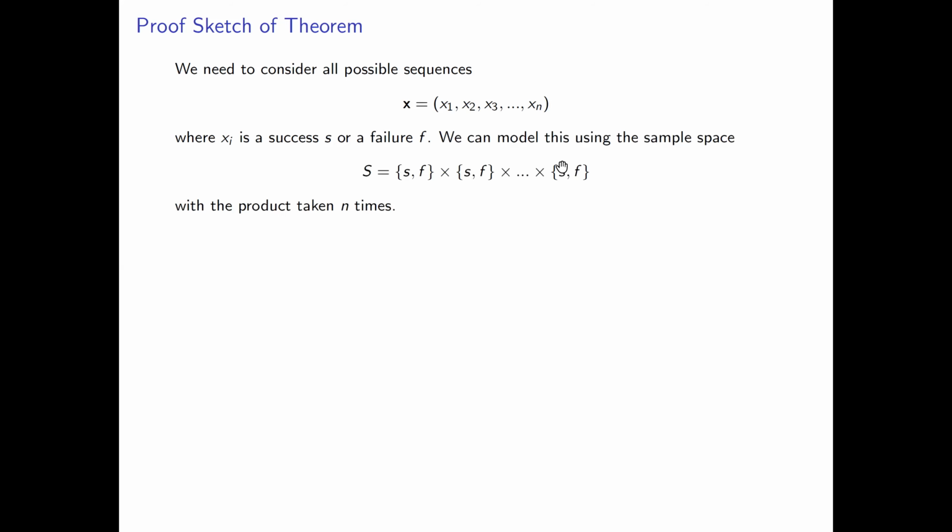More precisely, you can model this using the sample space you get by taking the set containing s and f, and taking the Cartesian product with itself n times. Then this bold x is just an element of this Cartesian product.